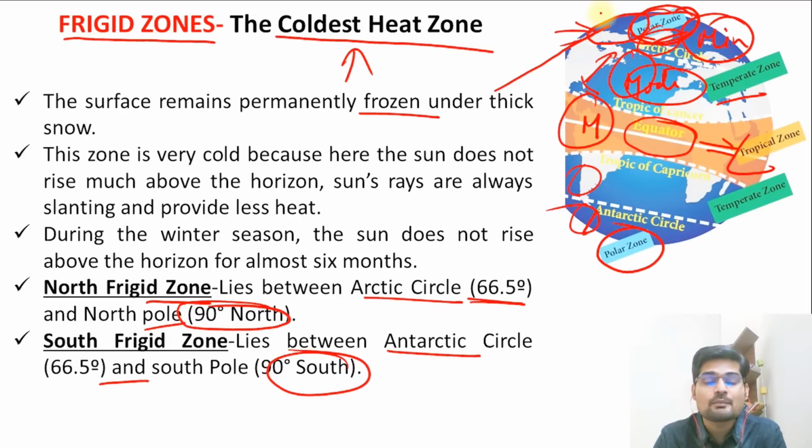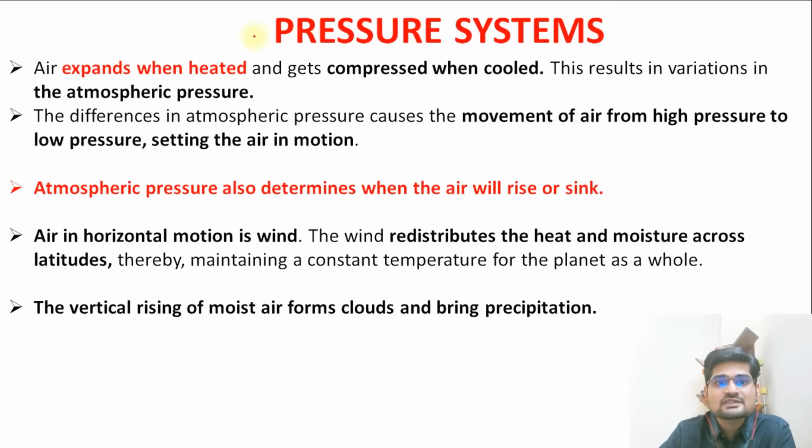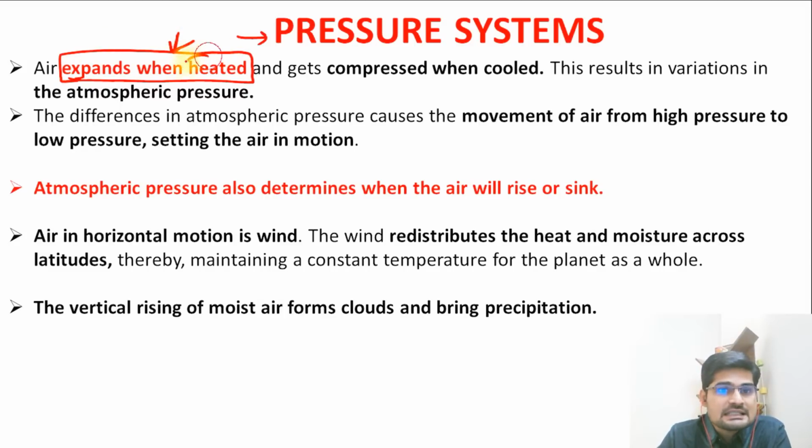Now let's look at the pressure systems. So what are the pressure systems all about? Now, air expands when heated. The entire basis of this pressure system is built on this. Again, you see here, heat is important. As we were discussing in the temperature belts, different belts, different zones on Earth get heated differently. So what will happen if the heat is coming in a particular way?